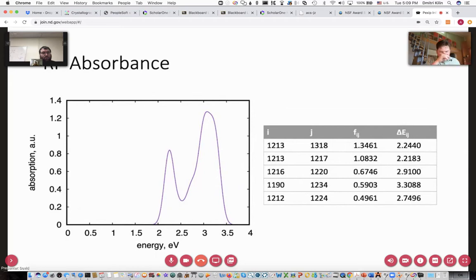Do you have maybe verbal intermediate conclusions summarizing all absorption spectra?